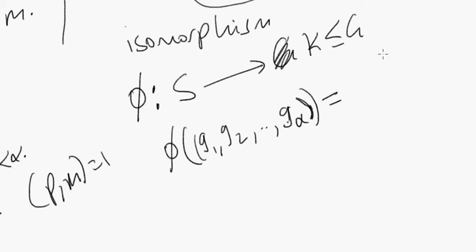Maybe we could set it equal to G sub 1, but this again is unclear. If we set this equal to G sub 1, is that really going to give us an isomorphism?